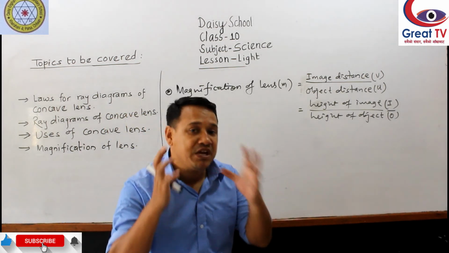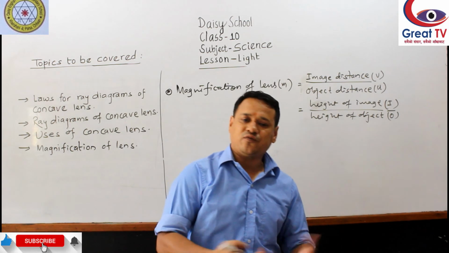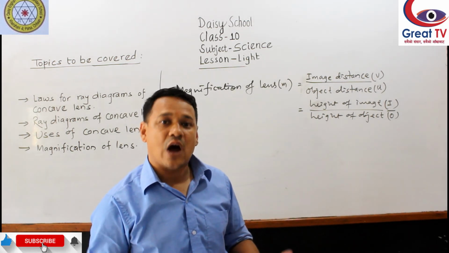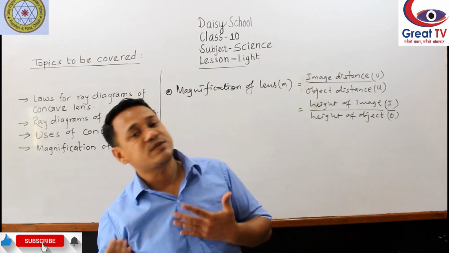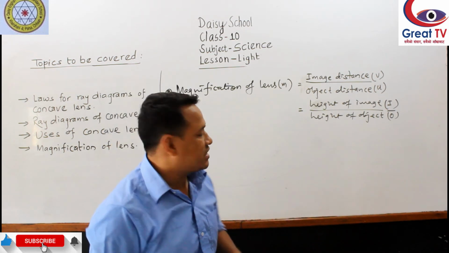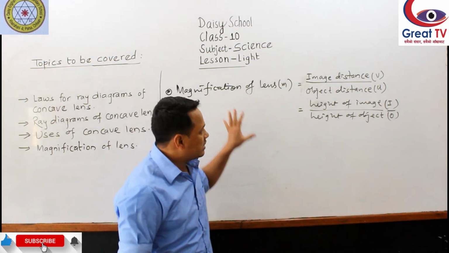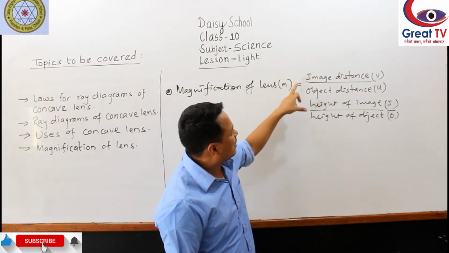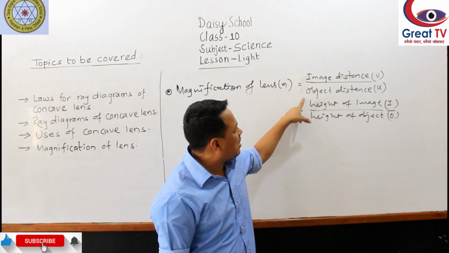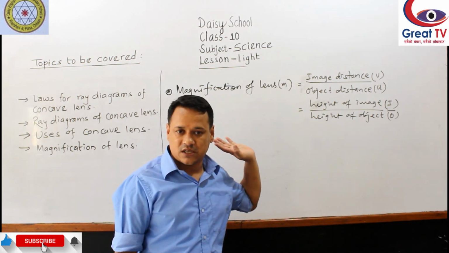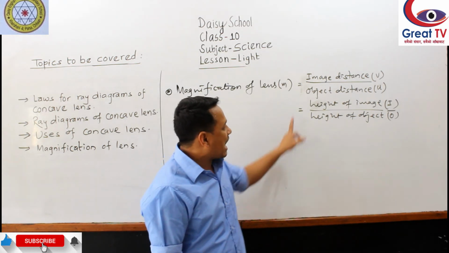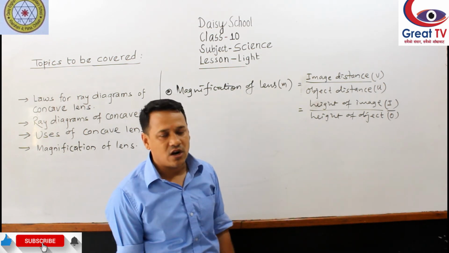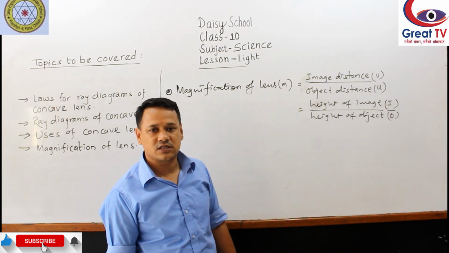The meaning of magnification of lens is that after using the lens, the size of the image becomes smaller or bigger. How many times bigger, how many times smaller. This comparison is the magnification of lens. The ratio of image distance to object distance is called magnification, or the ratio of height of image to height of object is also called magnification of lens.